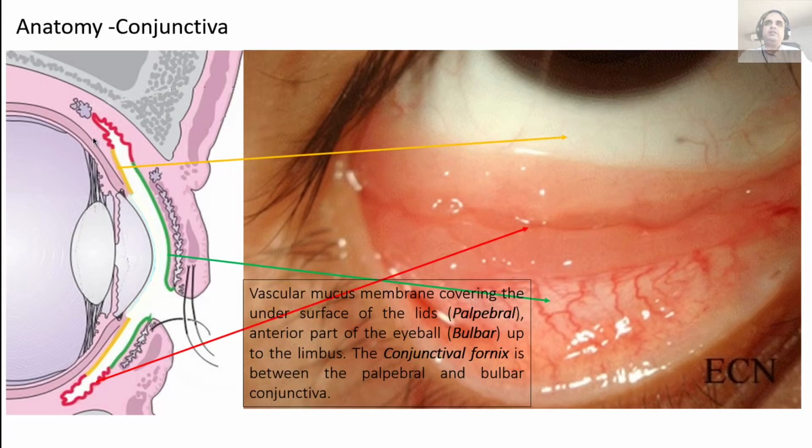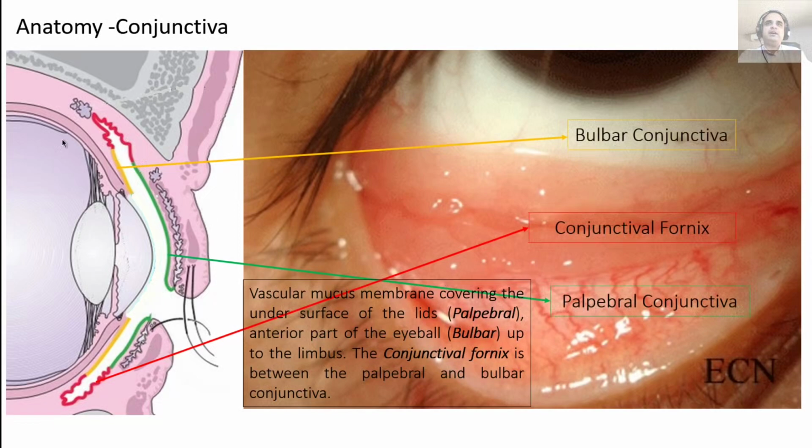It then continues into a little pouch, which is called the conjunctival fornix. The conjunctival fornix can't be seen. It's right here in this little crease, because it's in that little space between the bony orbit and the eyeball. It then continues to line the undersurface or the posterior surface of the lid as palpebral conjunctiva.